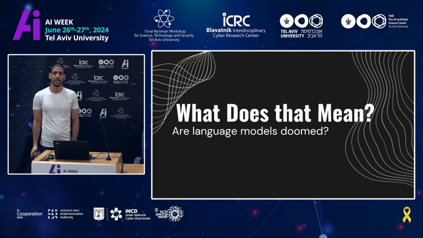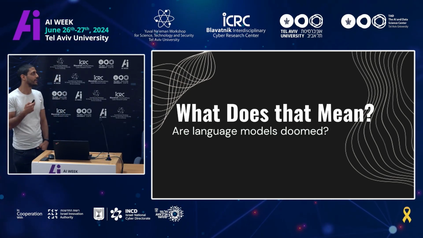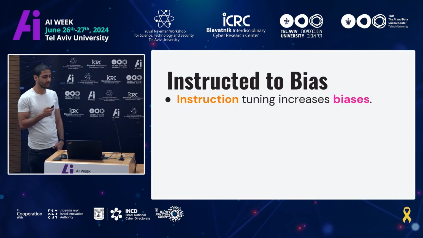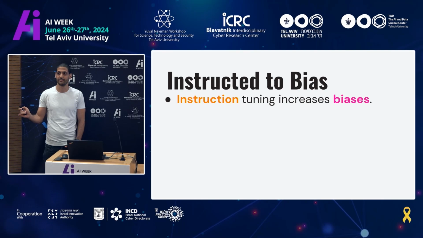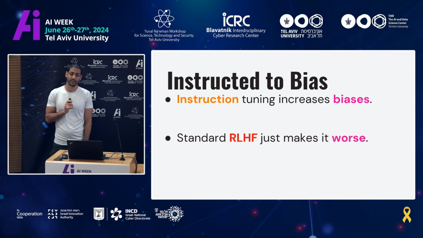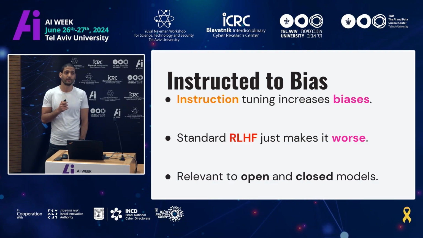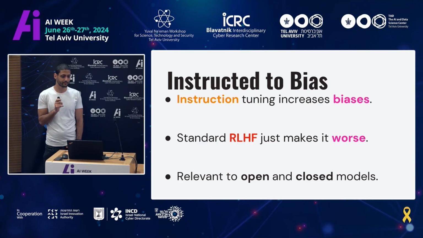What does it mean when I'm using a model which is really good and is considered state of the art, but it might hide different biases? So basically, instruction tuning increases biases almost whatever you do. The second thing is standard RLHF just seems to make it worse. And this is relevant for open and closed models, so it's everyone's problem.